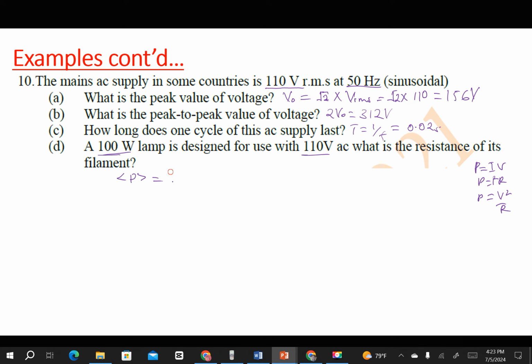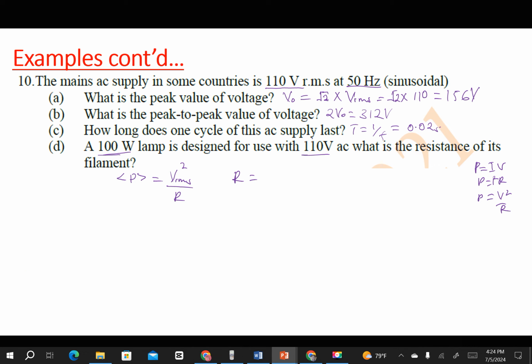So P is equal to V root mean square squared, divided by R. I'm trying to find the resistance, so I'm making R the subject.